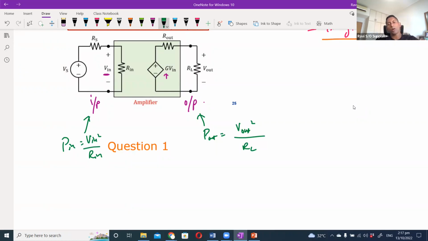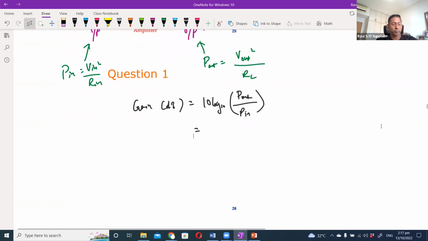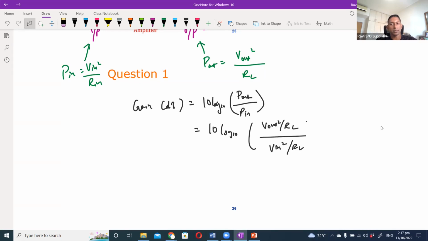In terms of gain, if you write the expression for gain in dB, it will be 10 log to the base 10 of Pout over Pin. That will be equivalent to 10 log to the base 10 of Vout squared over RL over Vin squared over Rin.